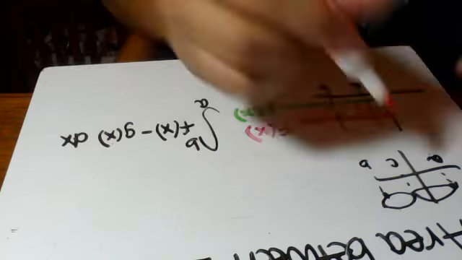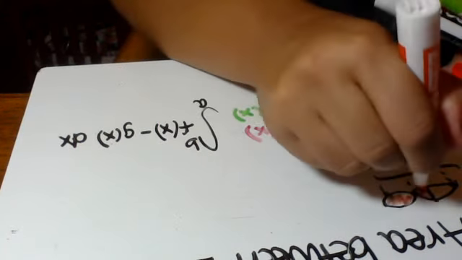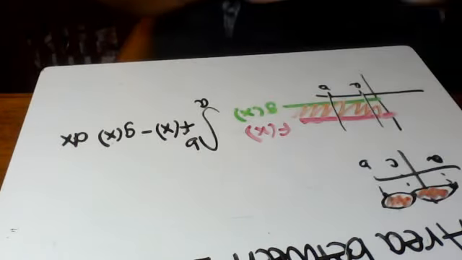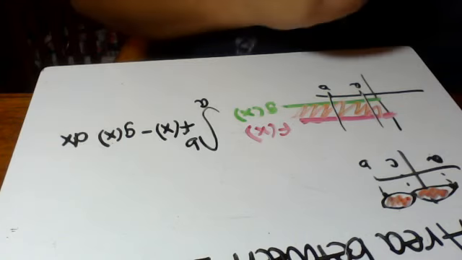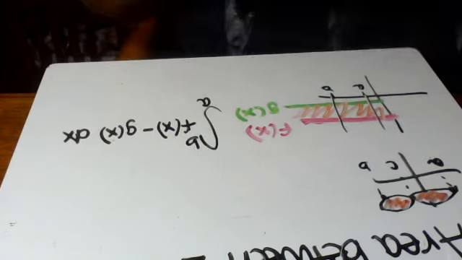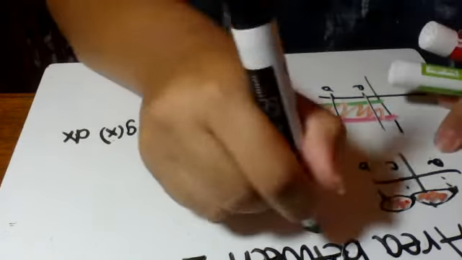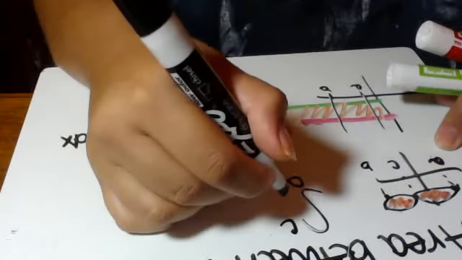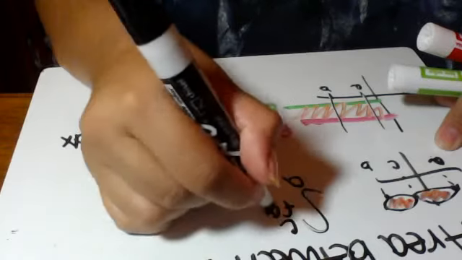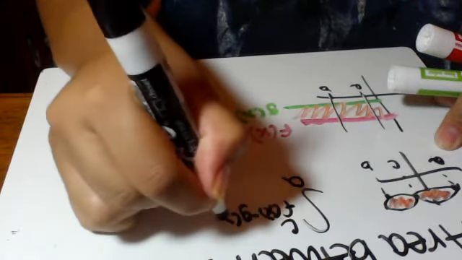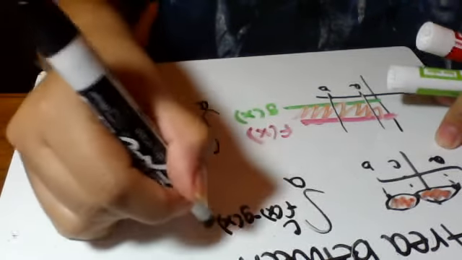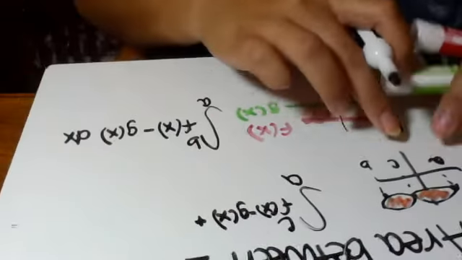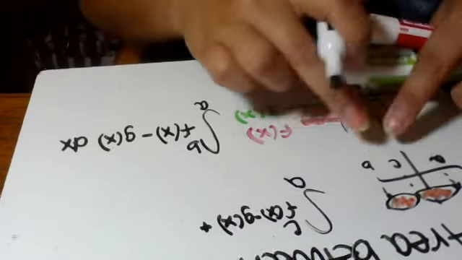A lot of people get a little bit freaked out because obviously it's not a perfect shape. So what you do is, with this point C that you have, you will use it. You go from A to C, and then it's f of x minus g of x, and then you can go plus, because remember we have from here, but they still want us to find from here to here.